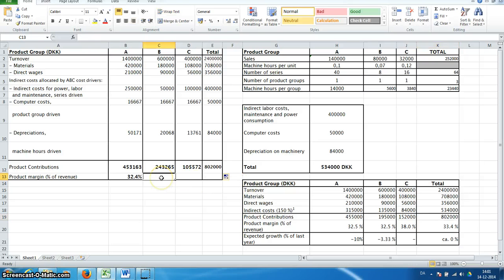However, maybe the product margins per product has changed. So let's look at that. To find it, we have to say the product contribution divided by the turnover for each product. And we would like to have this in percentage, 41%. And we do the same over here.